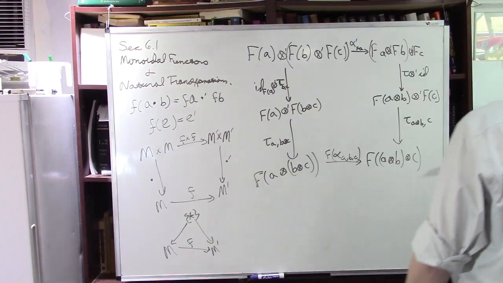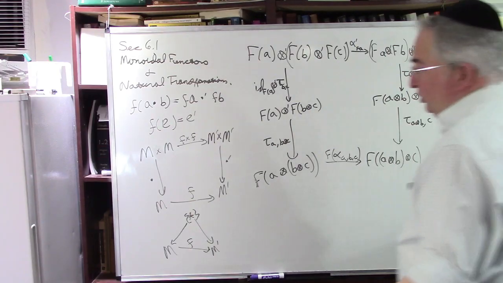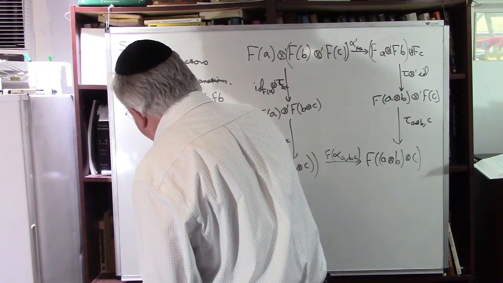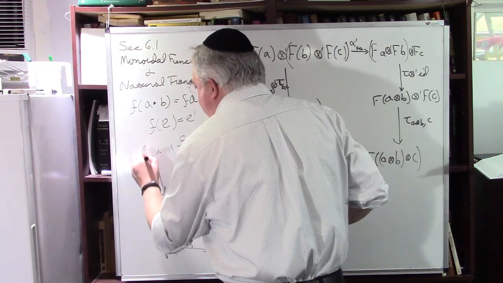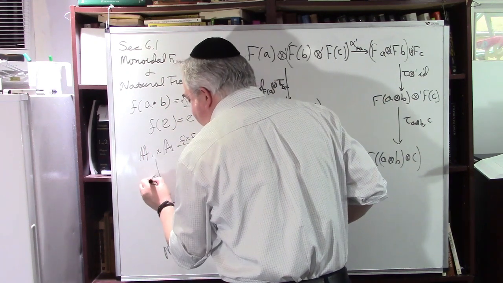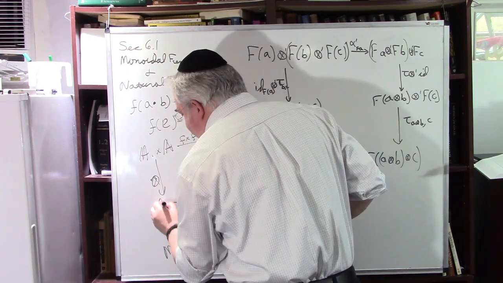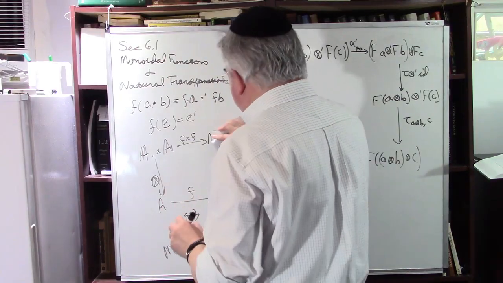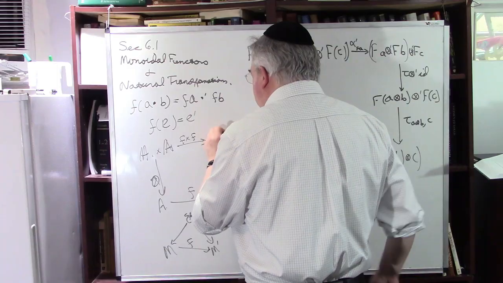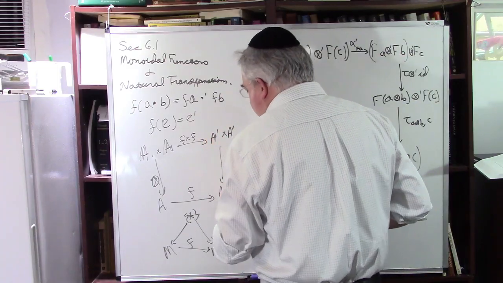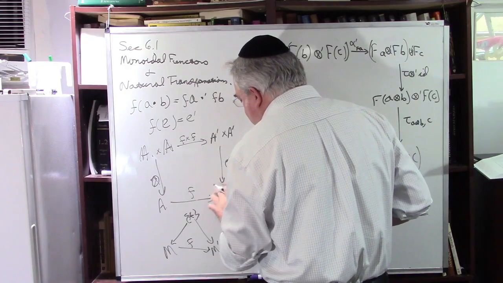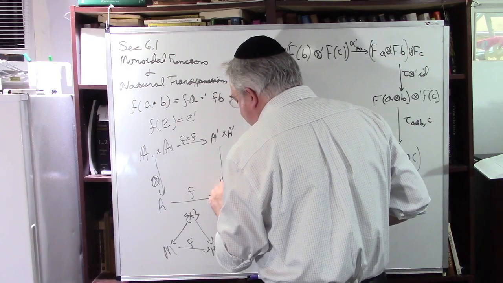So the way I want to show this is as follows. This is A cross A, the tensor product. This is A. This is A prime cross A prime, the tensor product, and this is A prime.